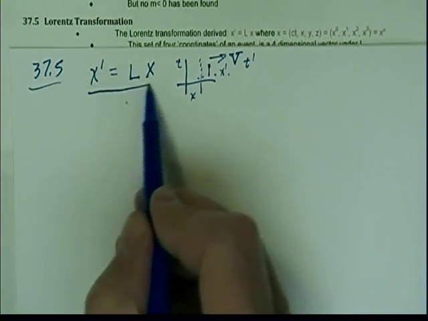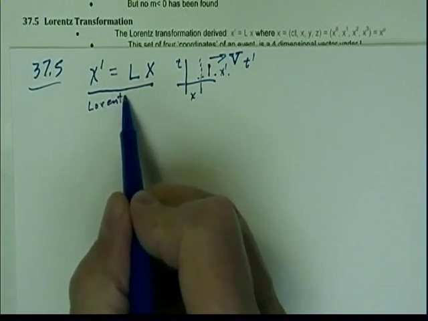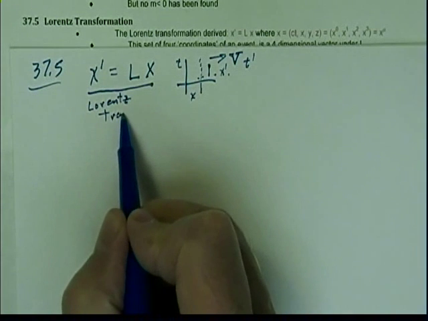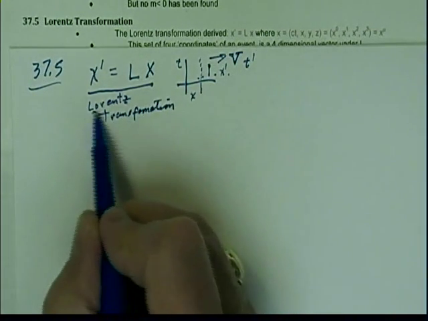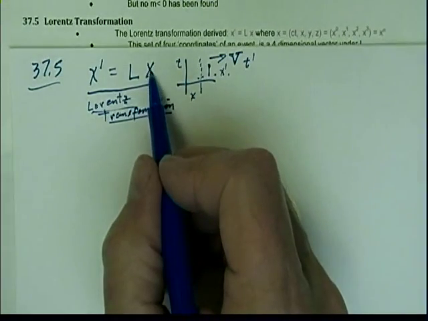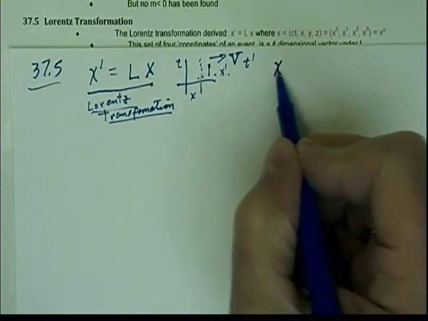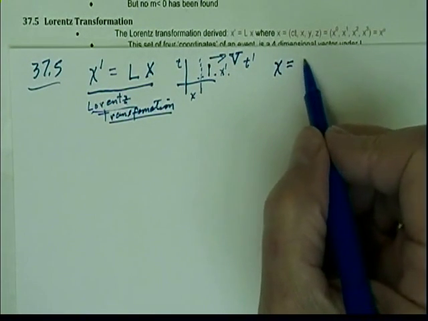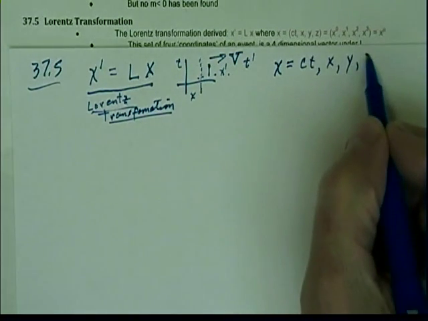This transformation, called the Lorentz transformation, is the foundation of the theory of special relativity. And in this transformation, x is now a vector in 4 dimensions, made up of ct, x, y, and z.